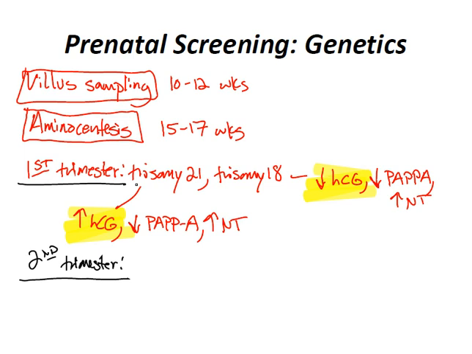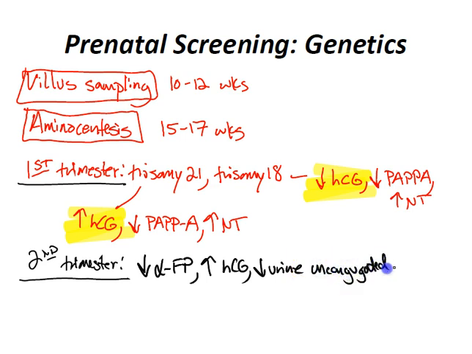In the second trimester, you get a decreased alpha-fetoprotein, an increased HCG, a decreased urine unconjugated estriol, and an increased inhibin.